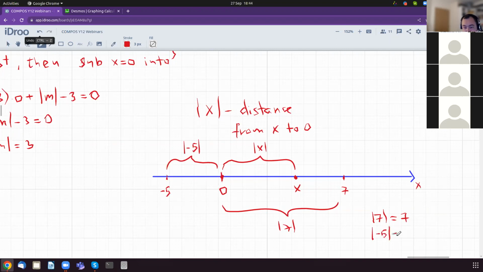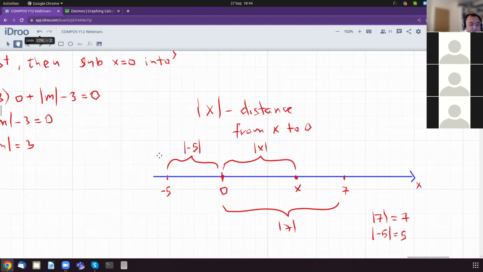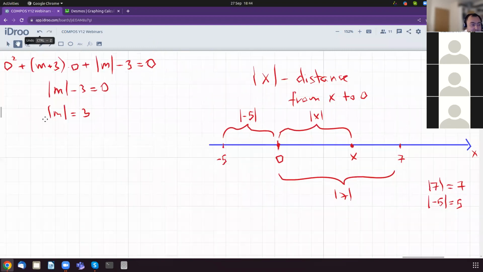Modulus minus 5 is 5. Well done. So if the modulus of a number is 3, there are two possibilities. Either the number is 3 or the number is minus 3, because modulus 3 is 3 and modulus minus 3 is also 3.